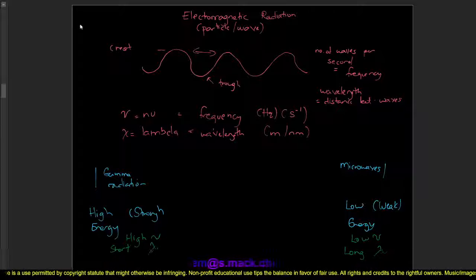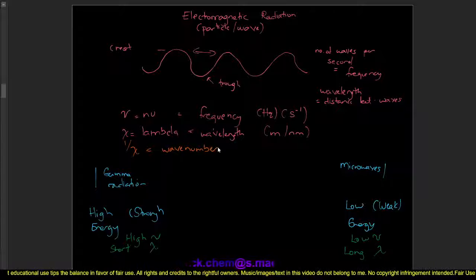And we want to talk about another concept called the wave number. So I'm just going to introduce it to you. So we have something called wavelength, and there's something called wave number, where wave number is the inverse of the wavelength. Right? It's just a mathematical expression, right?